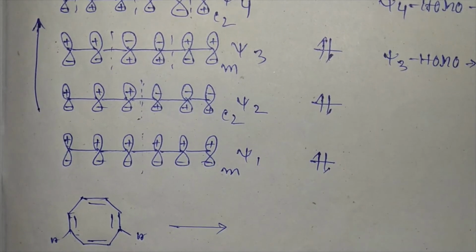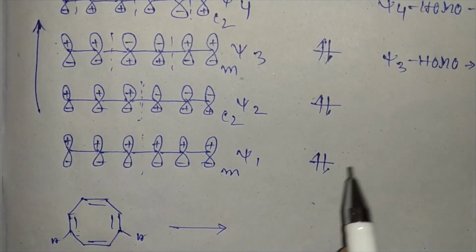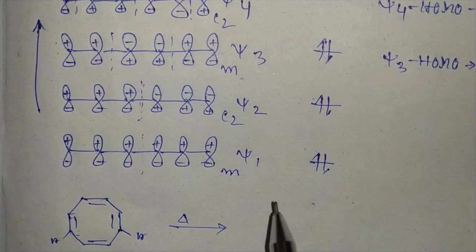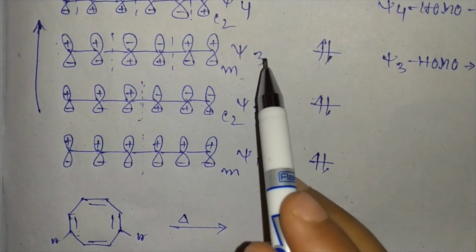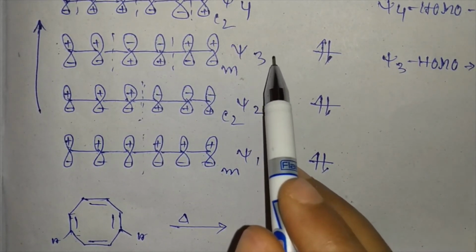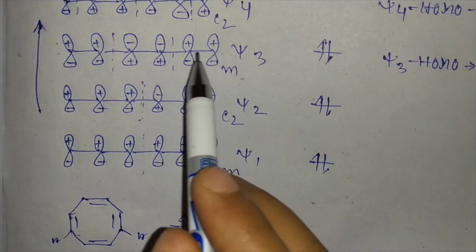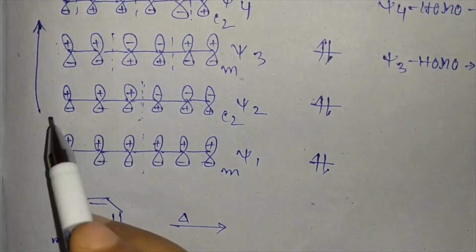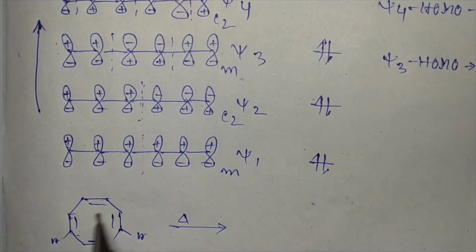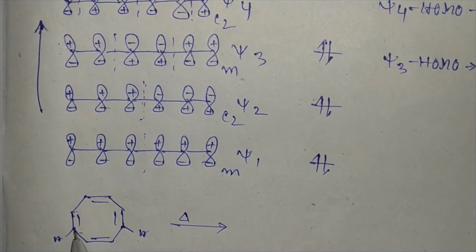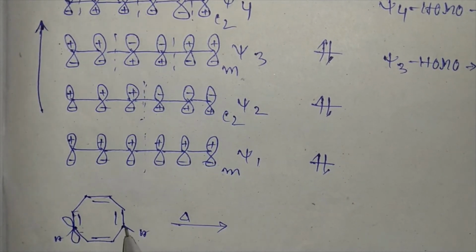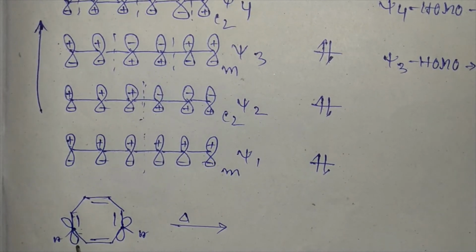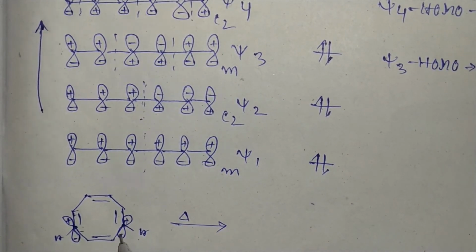If we apply thermal condition, then psi 3 will be the HOMO, and it will give the product. Now it has symmetry with respect to mirror, so it is plus minus plus minus.